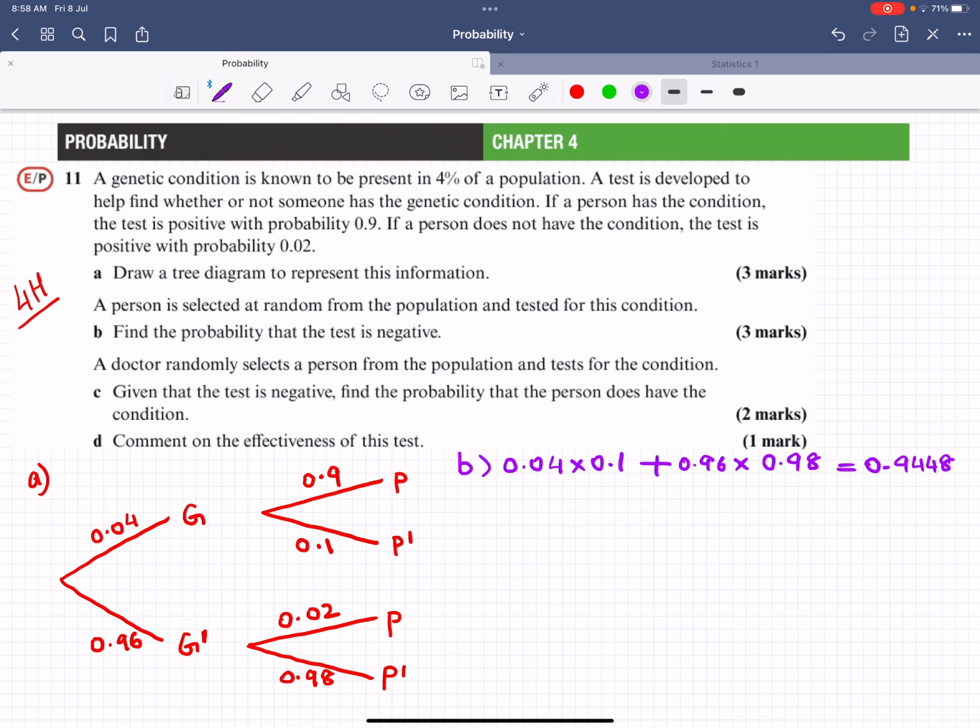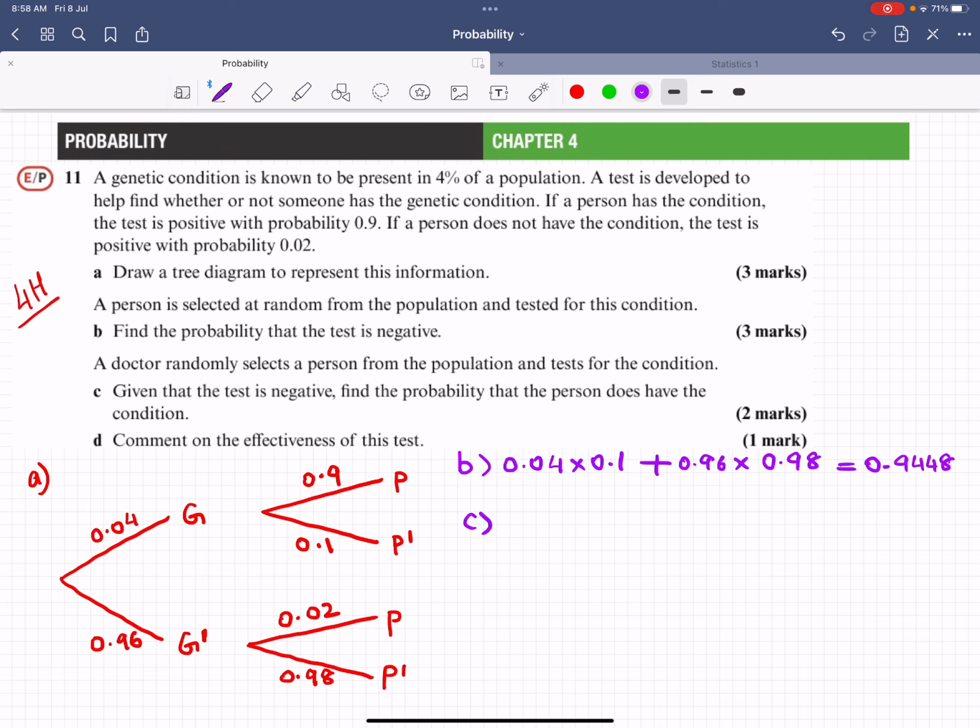A doctor randomly selects a person from the population and tests for the condition. Given that the test is negative, find the probability that the person does have the condition. So this is the conditional probability given that the test is negative.